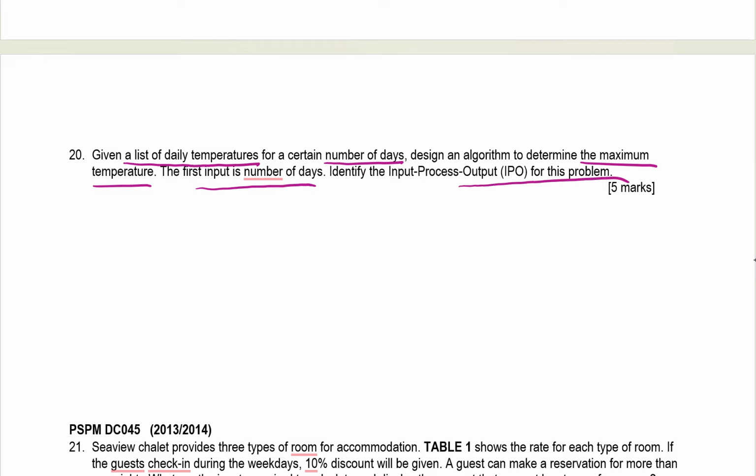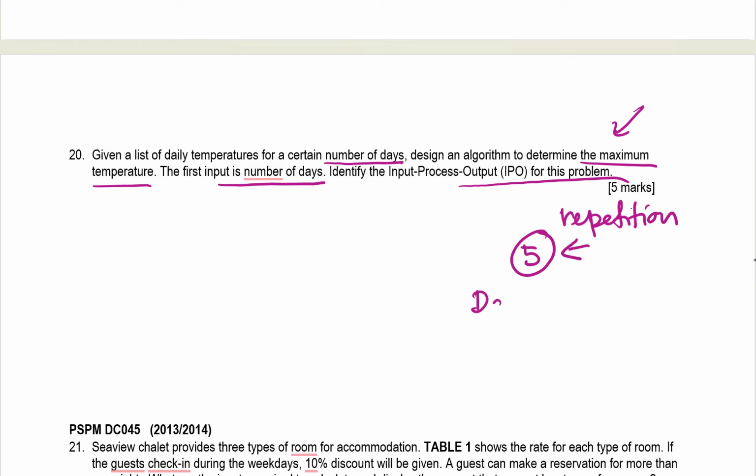Now what is the control structure for this question? The control structure is repetition. Why? The question says that the first input is the number of days. First, you have to enter the number of days, let's say 5. For each of these days, you have to enter the temperature.